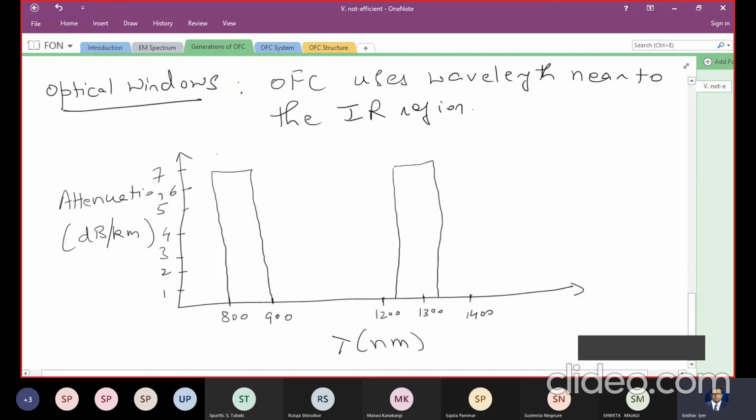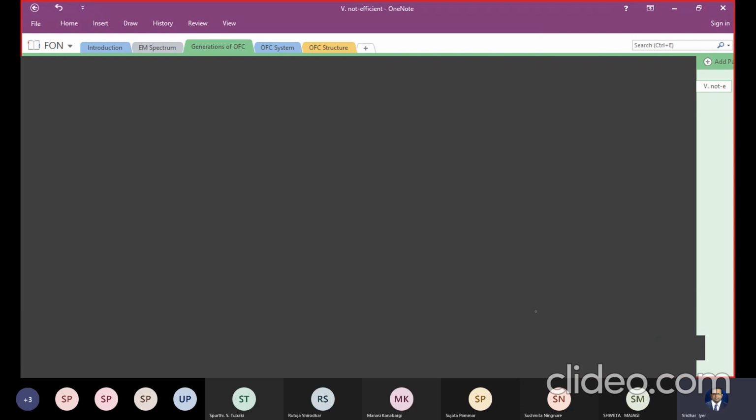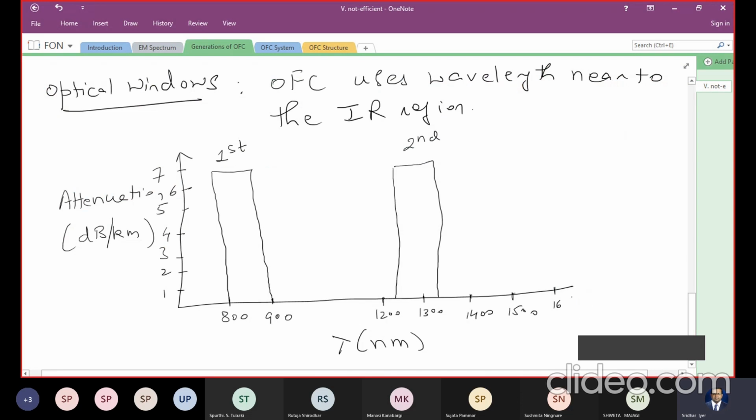This is the second. So this is the first window. This is the second window. The third window is in the range of 1500 nanometer.